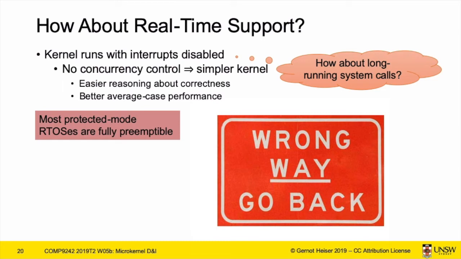How about the scheduler, which is actually one of the longer running operations? You can't really preempt the scheduler, right? Because the whole point of an interrupt is to schedule something else. Now, when you're in the middle of a scheduling decision, that's a pointless thing to do, right? The scheduler needs to run uninterrupted.